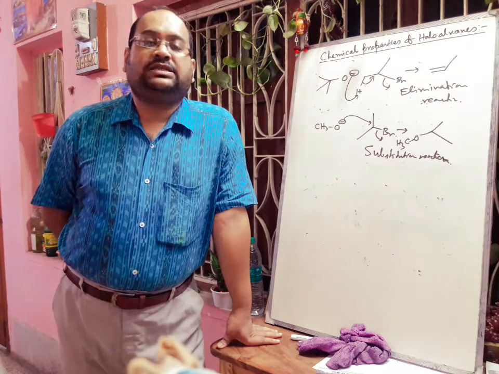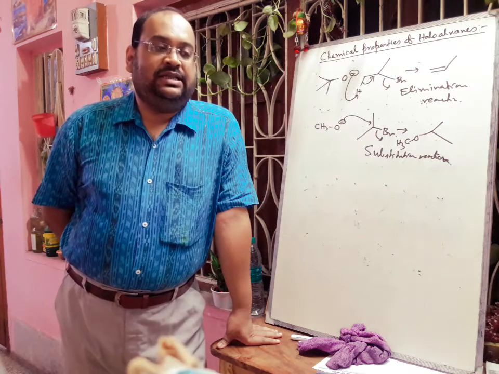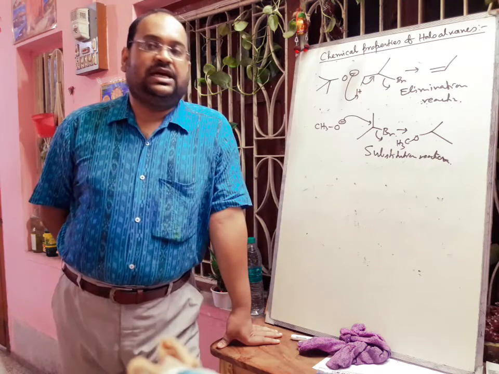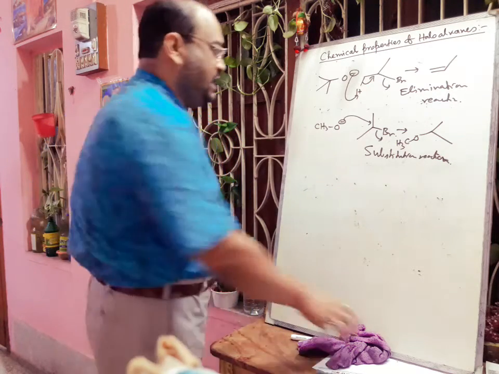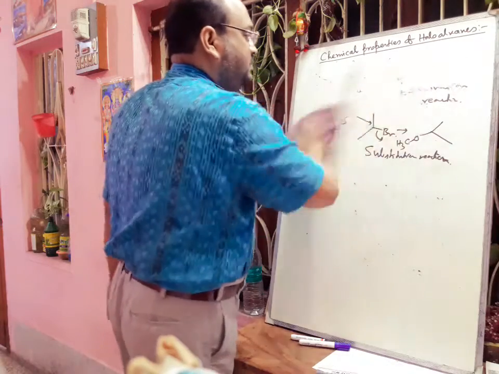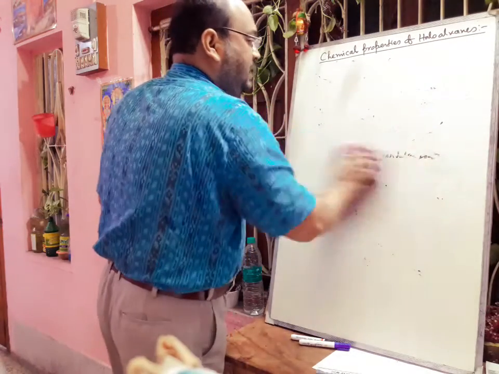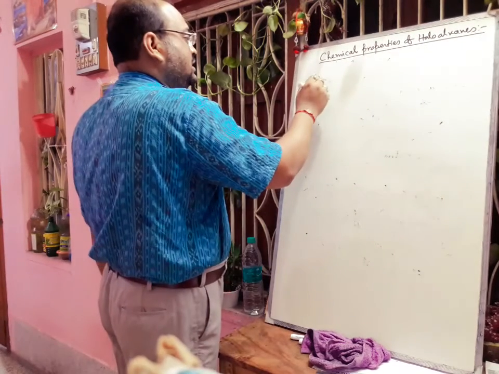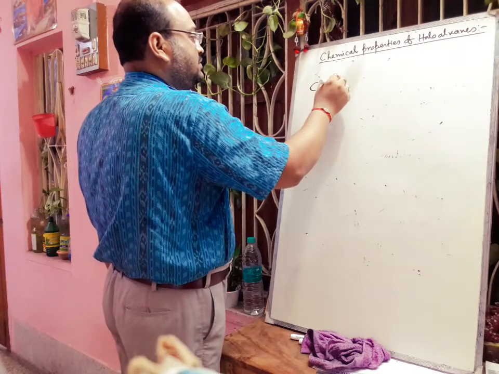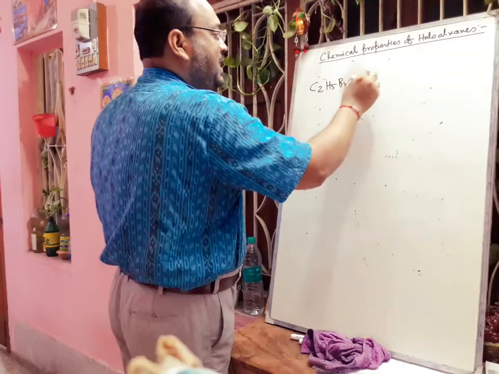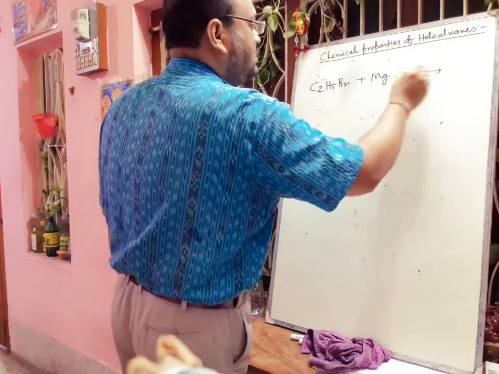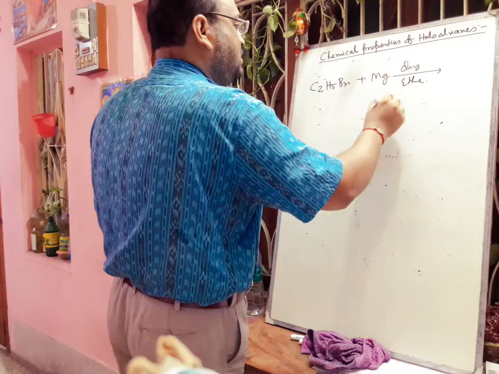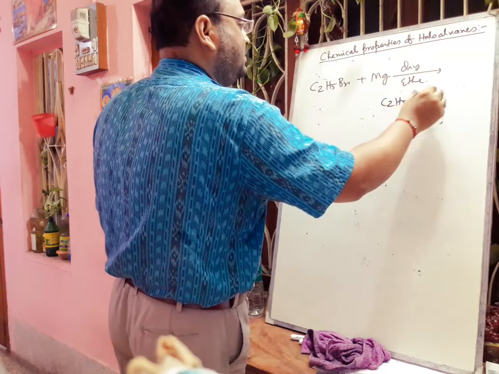Next I will discuss the last type of reaction, that is the reaction with metals. First we will discuss the Grignard reaction or Grignard reagent. If alkyl halide reacts with metal, suppose we are taking C2H5Br and reacting with magnesium, taking dry ether as the solvent, then there will be formation of C2H5MgBr.